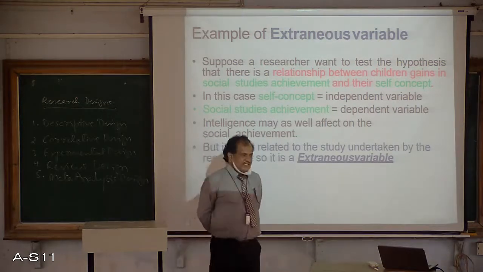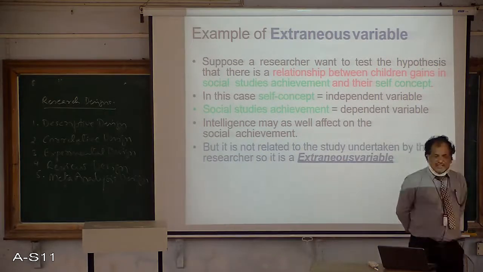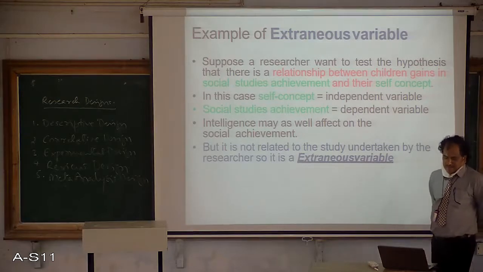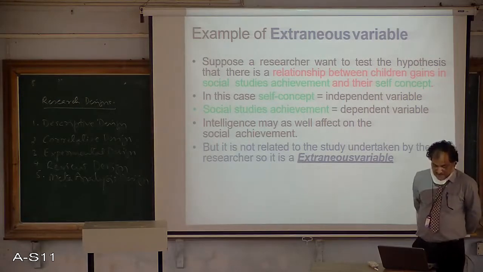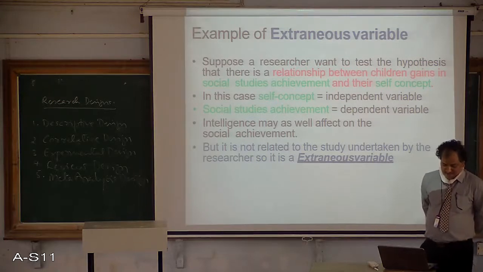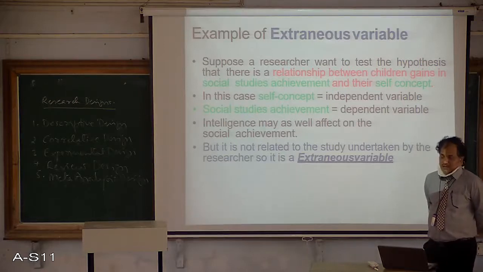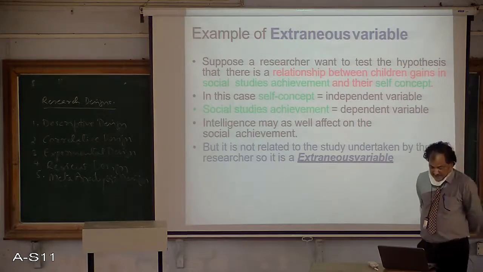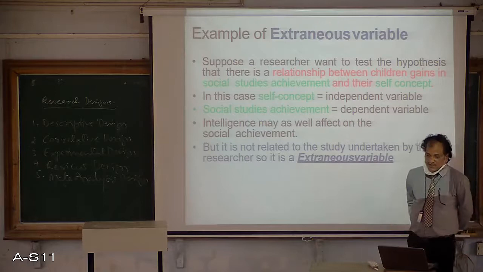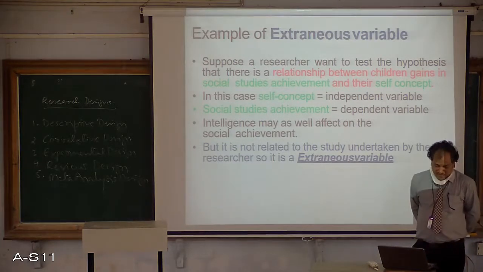If there is any chance of affecting that particular dependent variable, then there is an extraneous variable. Sometimes intelligence may affect the social achievement, that is, if the intelligence is less, social achievement is less, and if the intelligence is more, social achievement will be more.